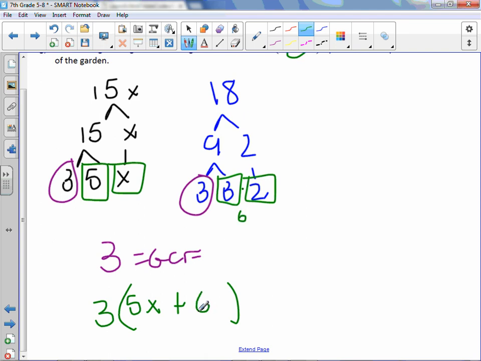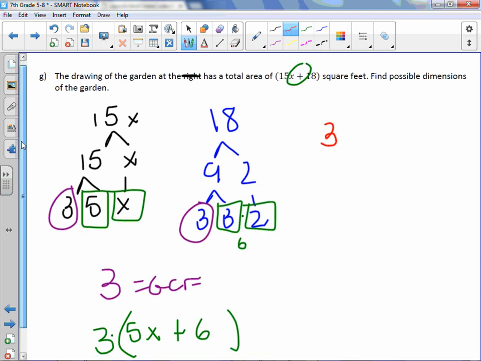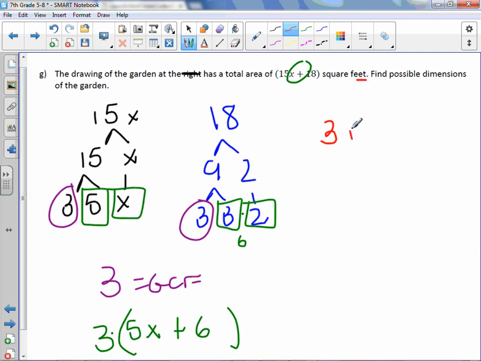Okay. So what we have here is 3 times 5x plus 6. So that would mean our dimensions are 3 feet, and this would be our second factor, 5x plus 6 feet.